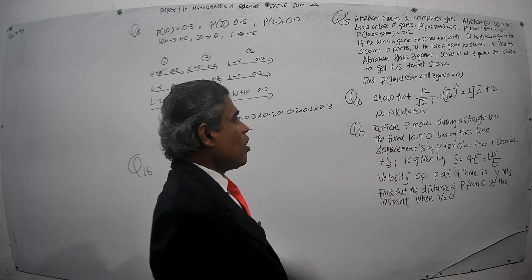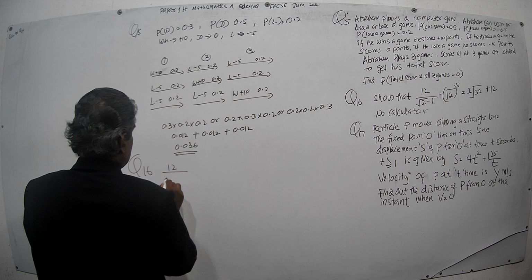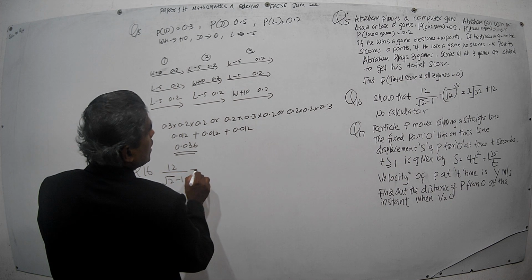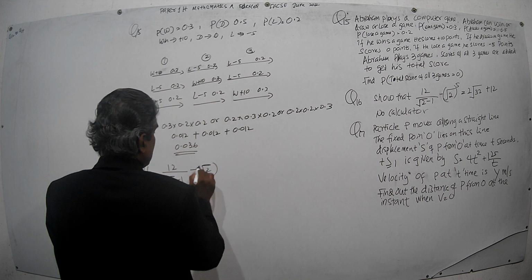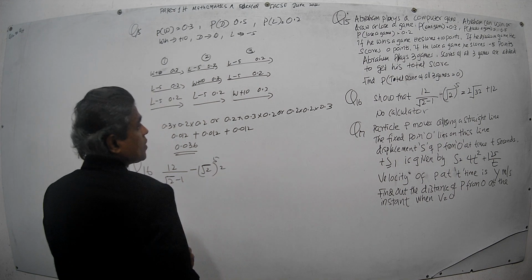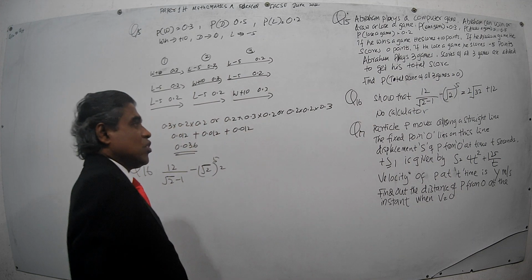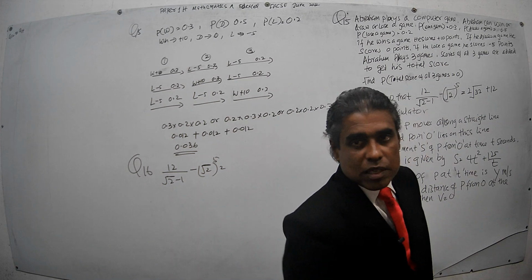Show that 12 over square root 2 minus 1, minus square root 2 to the power 5, equals 2 square root 32 plus 12. You have to show that ultimately by simplifying.